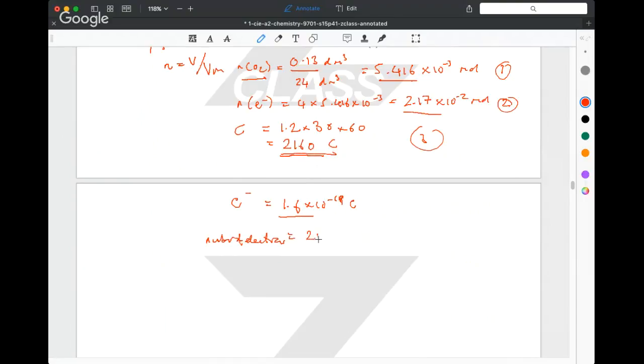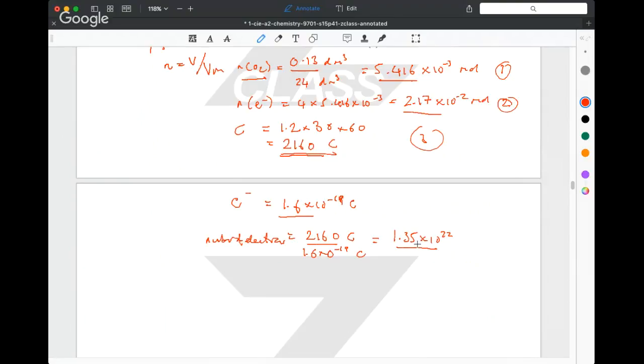So you've got that number of coulombs divided by that charge on each electron, 1.6 times 10 to the minus 19, and you're dividing coulombs by coulombs, you're just going to get a number there, and you end up with a result of 1.35 times 10 to the 22. As it's just a number, isn't it? Okay. So during that 30 minutes, just a huge number of electrons traveled down the wire.